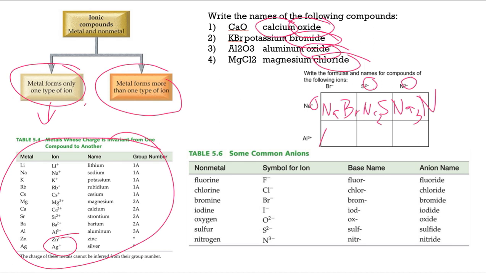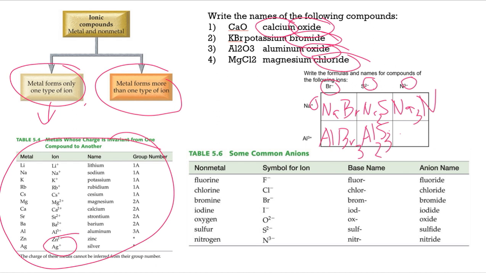Aluminum is 3 positive, then you need 3 negative bromine, because bromine is -1. In the case of this, you have to put 2 aluminum because the charge of aluminum is interchanged with sulfur, and then sulfur gets the 3 of the aluminum.